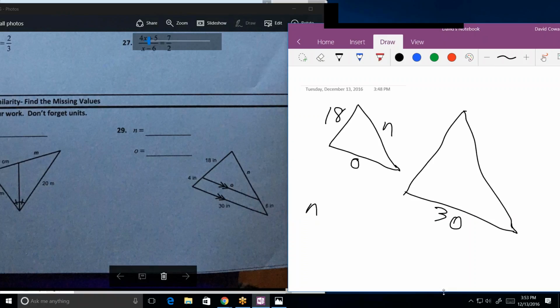So, relate same sides. In other words, if I said n is to 18, what else can I say? What's the big triangle? What's this measurement right here? N plus 6.